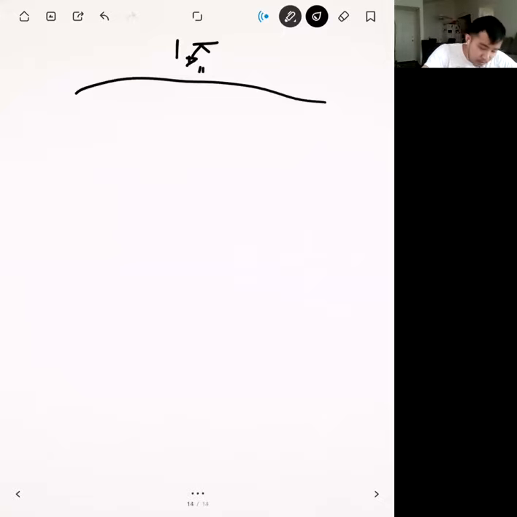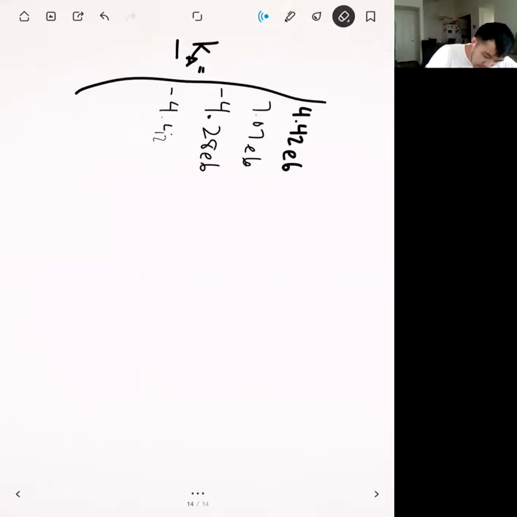Right. And so we have 4.42 E6. Might help to actually use the thinner pencil here. 7.07 E6. Okay. Minus 4.28 E6, minus 4.42 E6, okay.